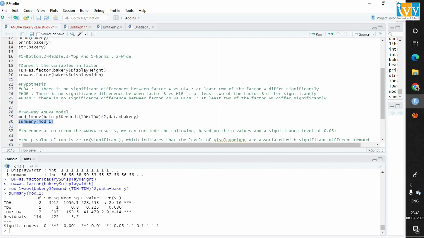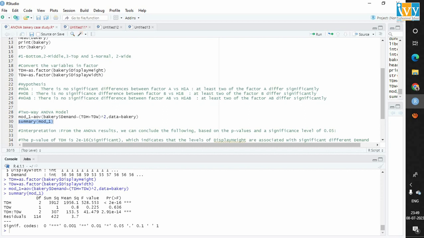The p-value for DH is extremely small, as we can see. The 3 stars show high significance, indicating that the levels of display height have a significant effect on demand. But DW, meaning the width, is not significant, with a p-value of 0.6, meaning it's not even significant at the 5% level of significance. So it has no significance whatsoever.